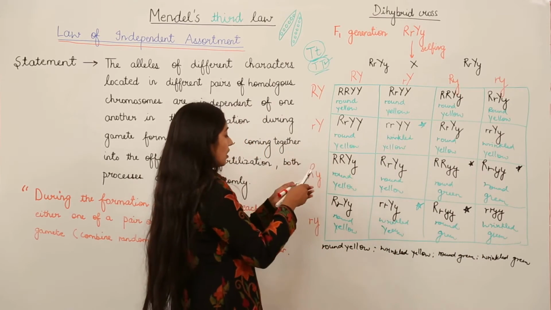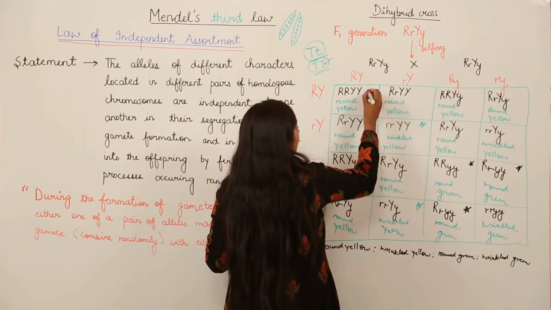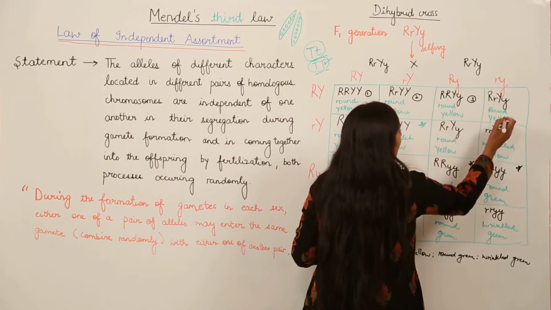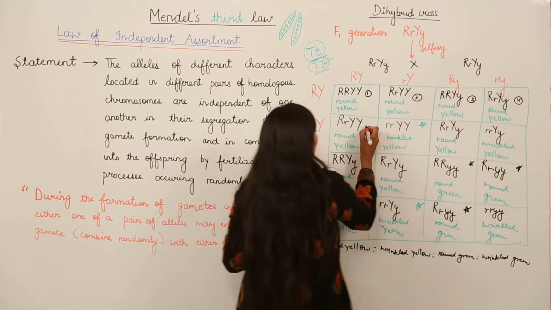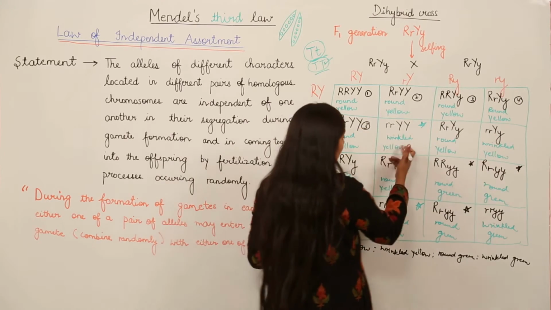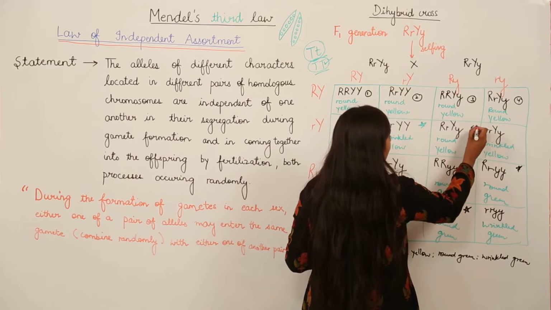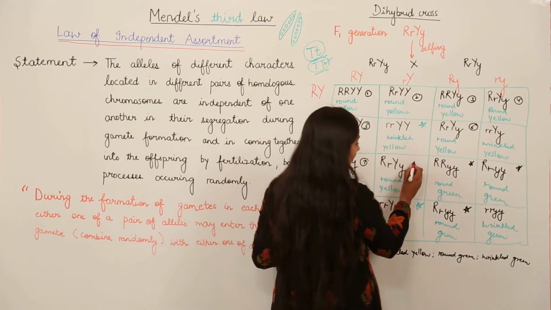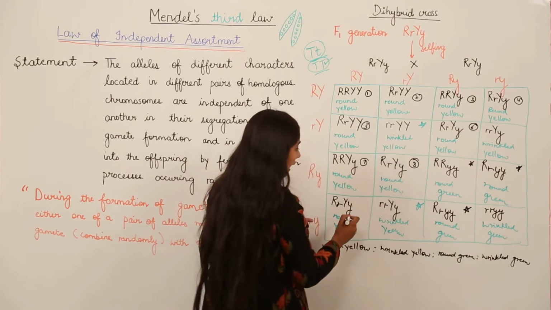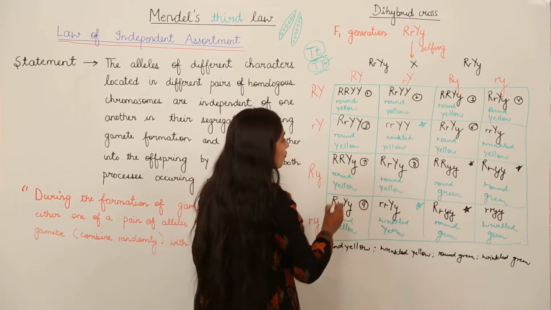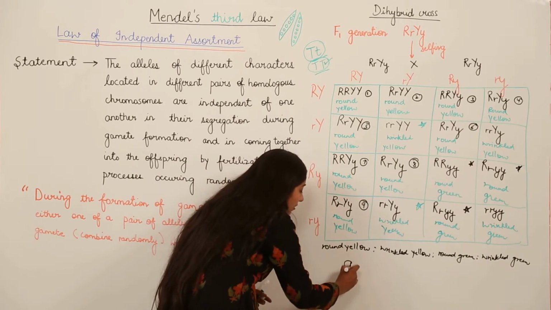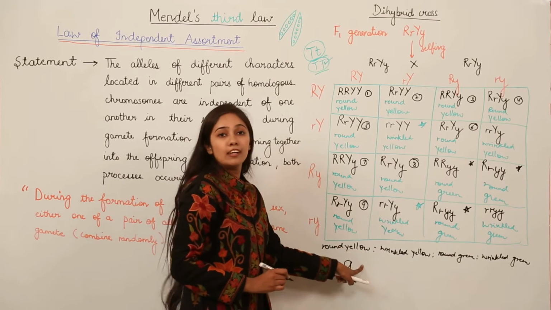We have round yellow, I'll mark it 1, round yellow 2, 3, 4, 5, it's not round yellow, it's round yellow 6, then we have 7, this is 8 and this is 9. So we have 9 plants out of 16 which have round seeds with yellow cotyledons.